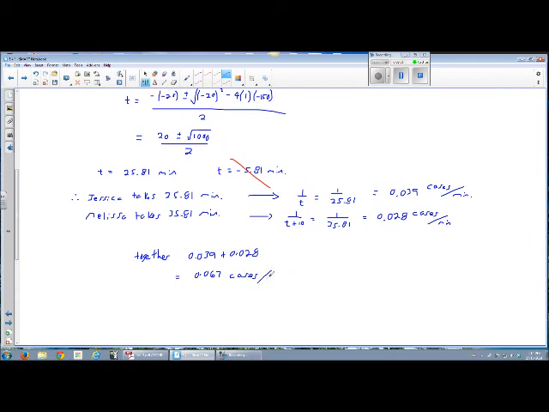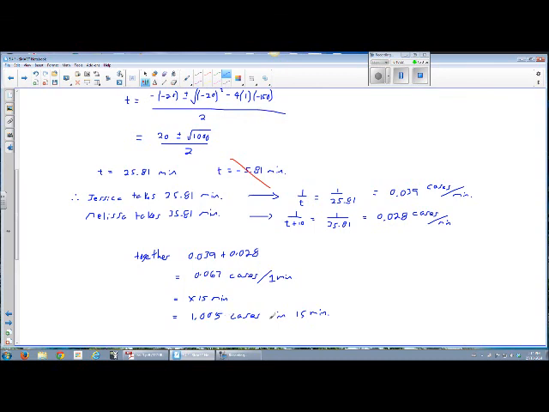And then if we multiply by the 15 minutes that it takes them to work together, we see that that gives us 1.005 cases in 15 minutes. So there might be a little bit of rounding issue there, but in general, that's what we're looking for, that they filled one case in 15 minutes together.